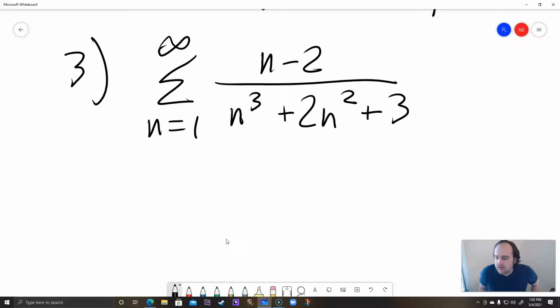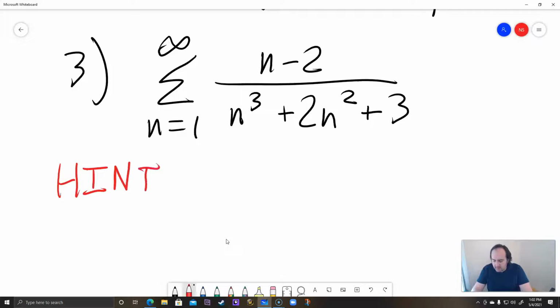All right, and here they give us a hint. They give us a hint on some of these problems. For this one, the hint that they give us on your homework is we need to use the limit comparison test with the sum from n equals 1 to infinity of 1 over n squared.